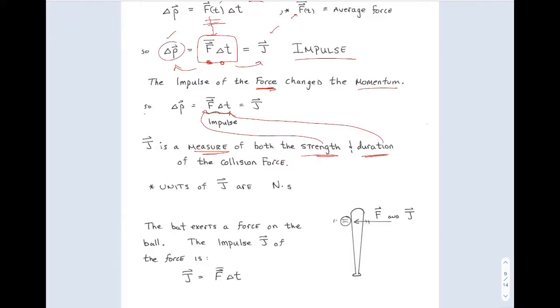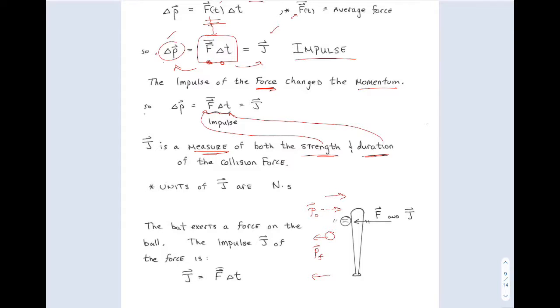Let's say a ball hits a bat. The ball comes in with a certain momentum, the bat hits the ball, and now the ball heads out the other way with a different momentum. So p initial, p final. The ball's headed to the right, now it's headed to the left. The change in momentum refers to what happened with the ball.